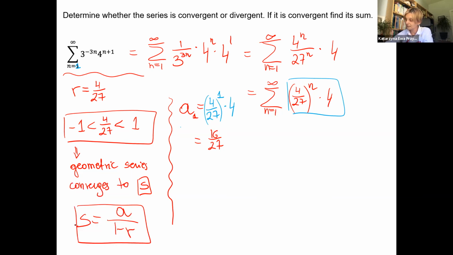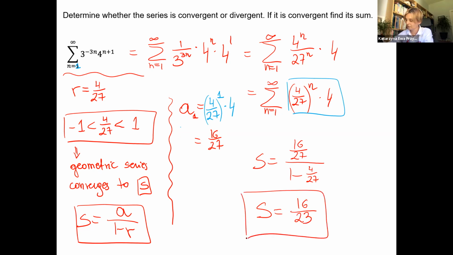Okay, and then the sum is the first term over 1 minus the common ratio. Who can give us the answer? 16/23. Please. Correct.